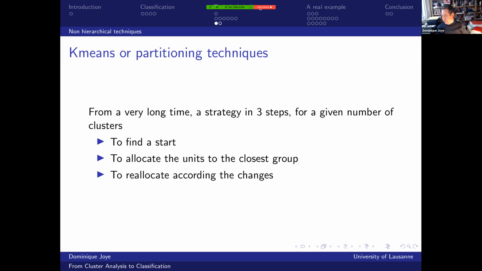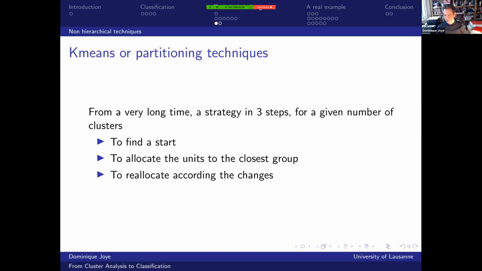In fact, I have 3 steps in this analysis, and more or less all these analyses are doing the same type of job. See it like this, it's very trivial. In fact, it's a little bit more complicated. The first step is to find a starting configuration. If I want to have, for example, a classification with 6 clusters, I need to have the first centers of the 6 clusters.